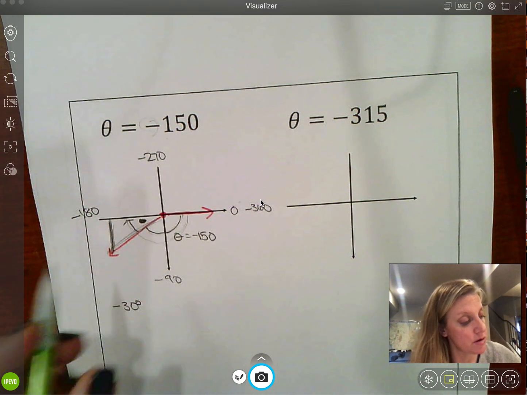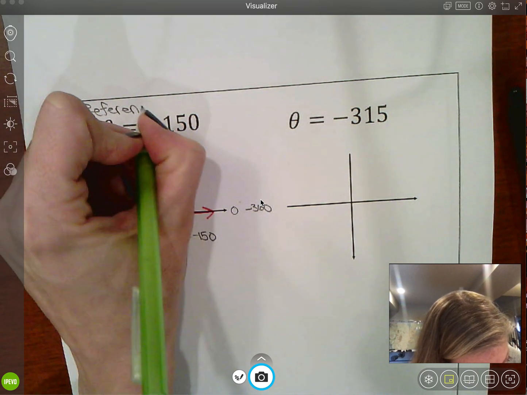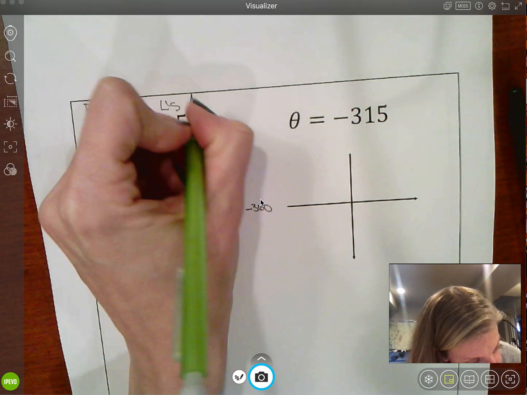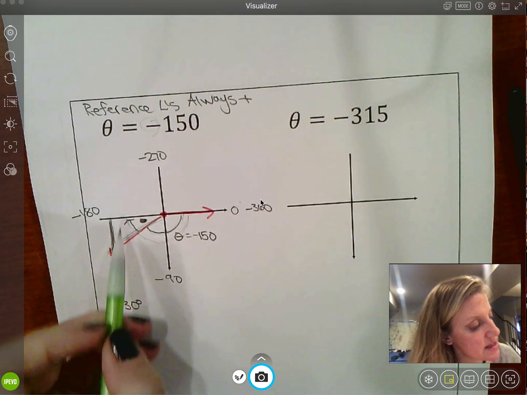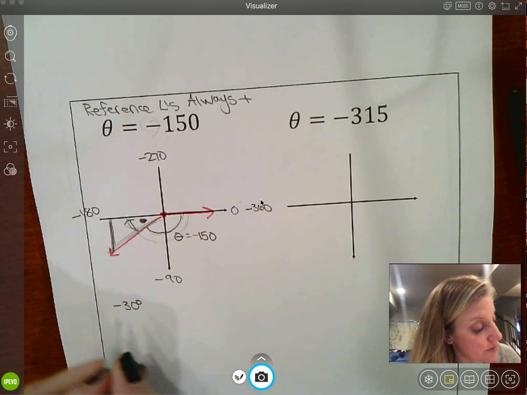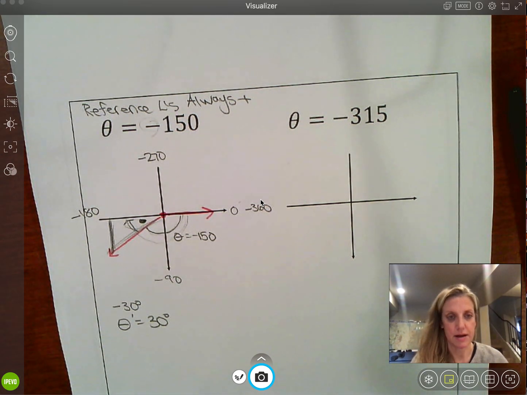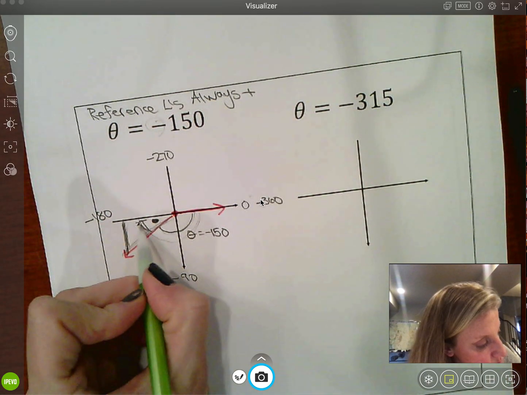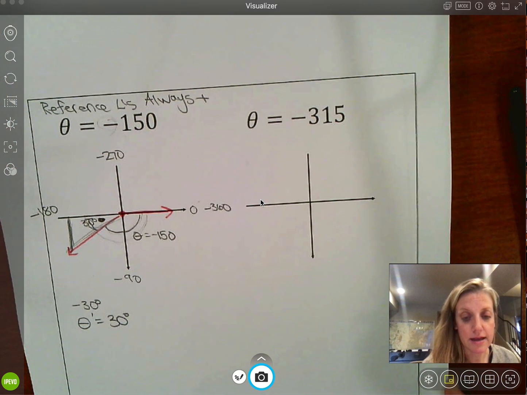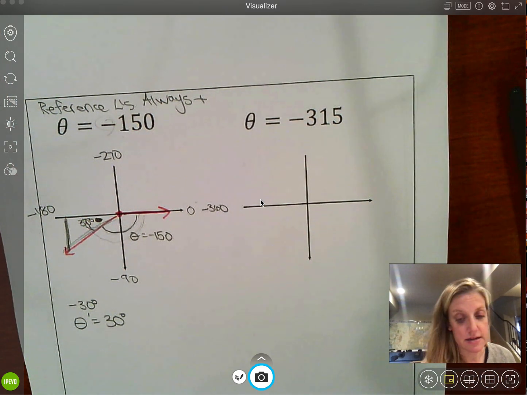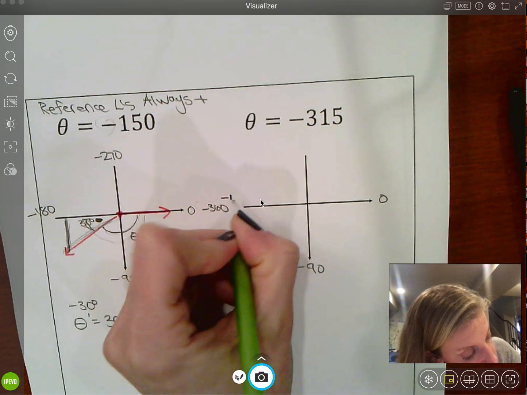But do you remember what we said about reference angles? They're always positive. So even though I'm thinking of this reference angle here as a negative 30, let's take the absolute value and have it be a positive 30. This would represent 30 degrees right here. Okay. And now lastly, if our angle theta is negative 315, we're going to go in that negative direction again.